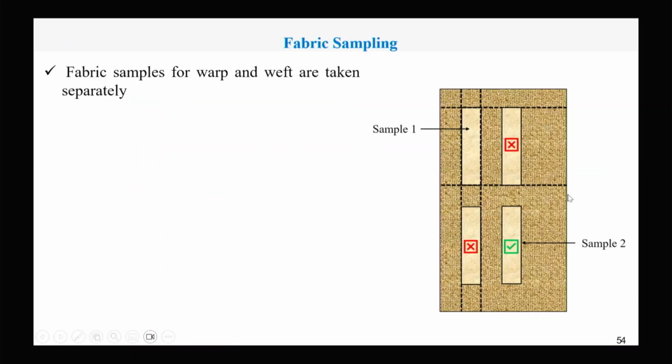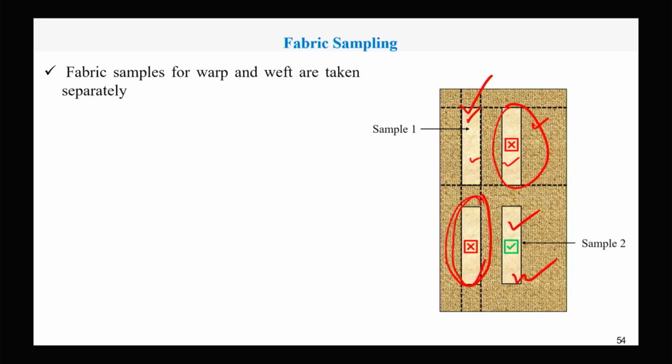And fabric sampling, as we have already mentioned, we cannot take these two together. So we should take this sample and this specimen. If we take this one, this is the first sample. Second sample, if we take this one, that means warp is common. If we take a third sample, this one, this is weft common. So sample 2 will be this one. Okay.